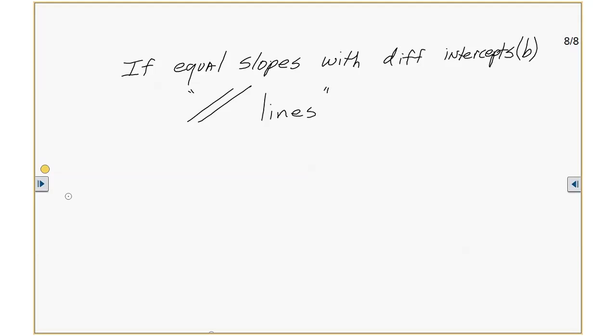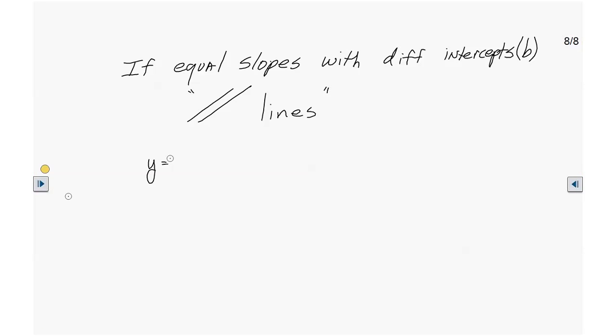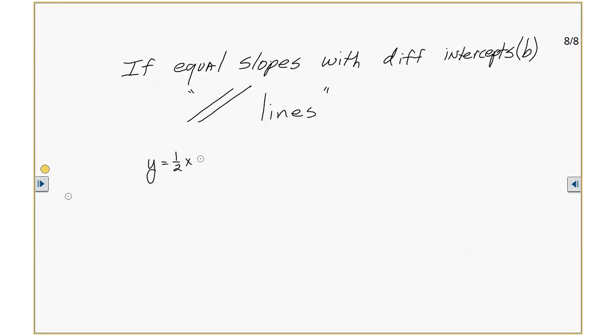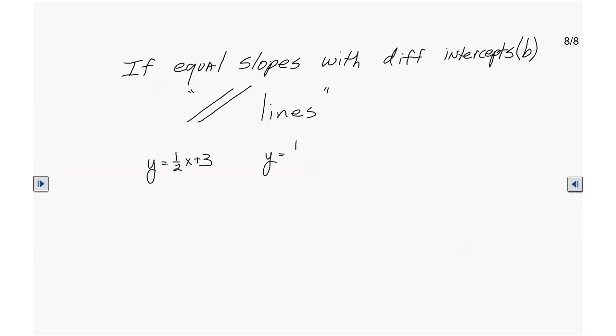Example, y is equal to 1/2x plus 3, and y is equal to 1/2x minus 7.